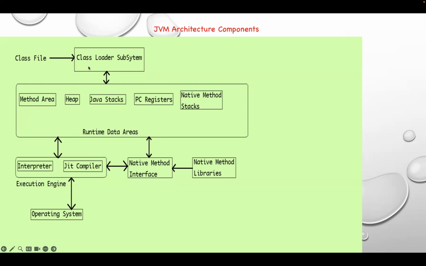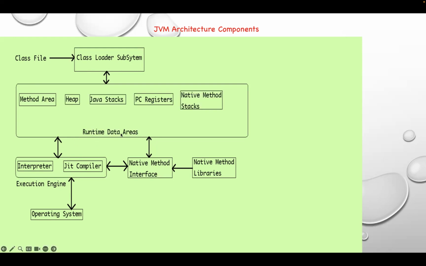Class loader subsystem: once JVM loads the dot class file, that process is completed. Second step is memory allocation. How will memory be allocated? It will use these kinds of data resources. For example, method area. What is the role of method area here? Method area is one of the memory blocks.